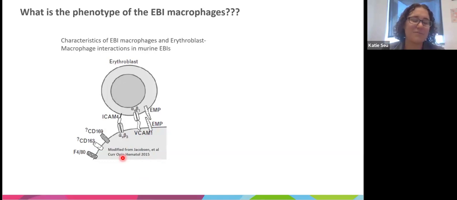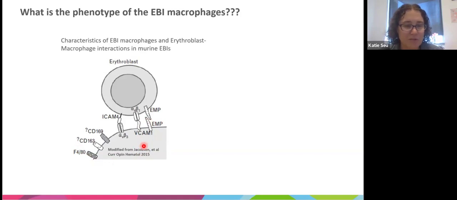And this is what we built our expectations of the immunophenotype on, right? So they had long been studied and identified using F480, which is considered a pan macrophage marker, but we understand now is very promiscuous and maybe not so pan for macrophages. But when the research started, this was the gold standard, that they had F480.